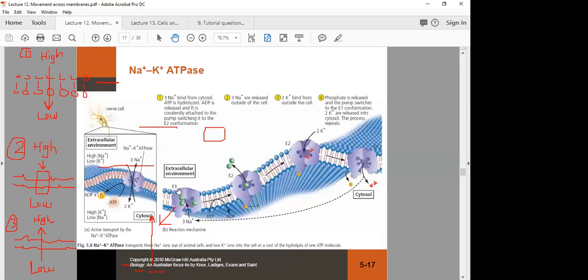So this explains, I think, quite nicely how cells, or at least animal cells, maintain a high intracellular concentration of potassium ions and a low intracellular concentration of sodium ions, while maintaining high external sodium and low external potassium.